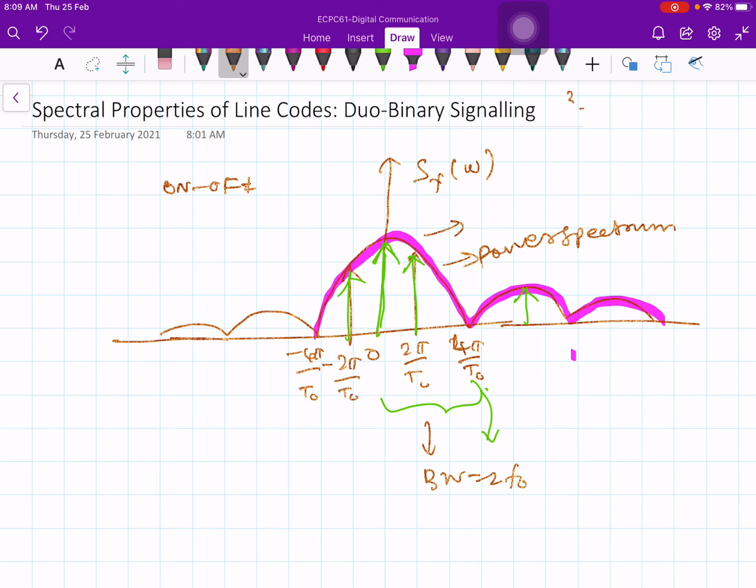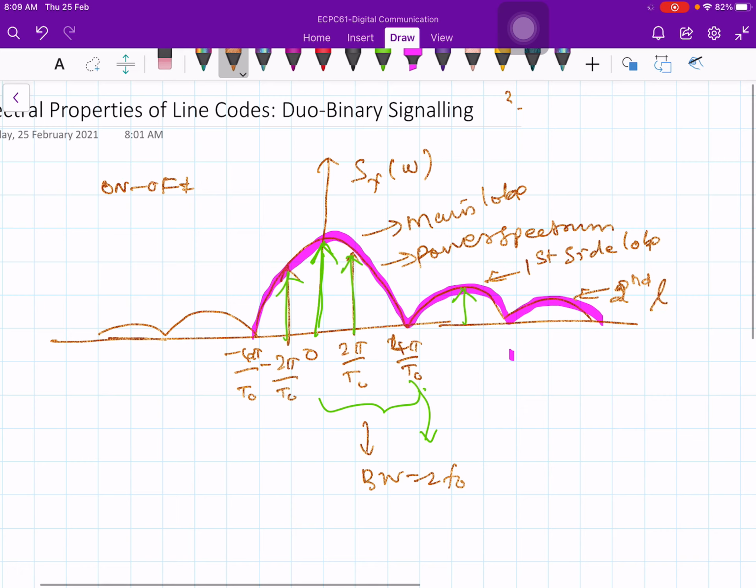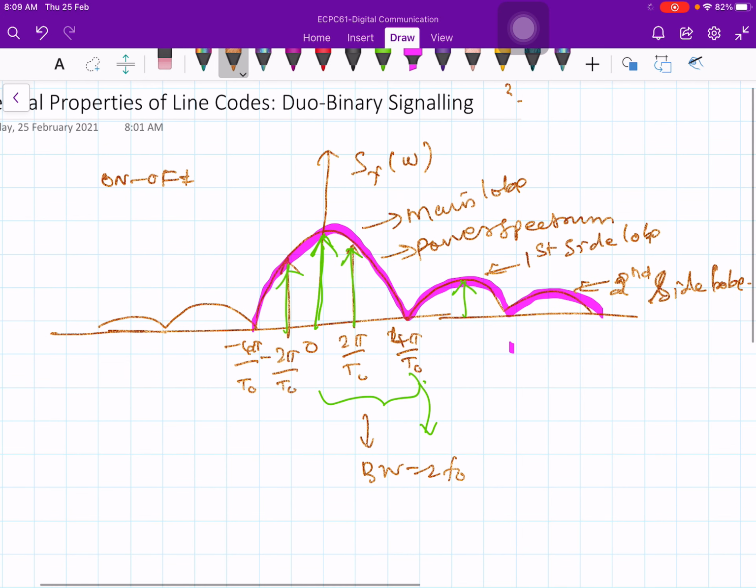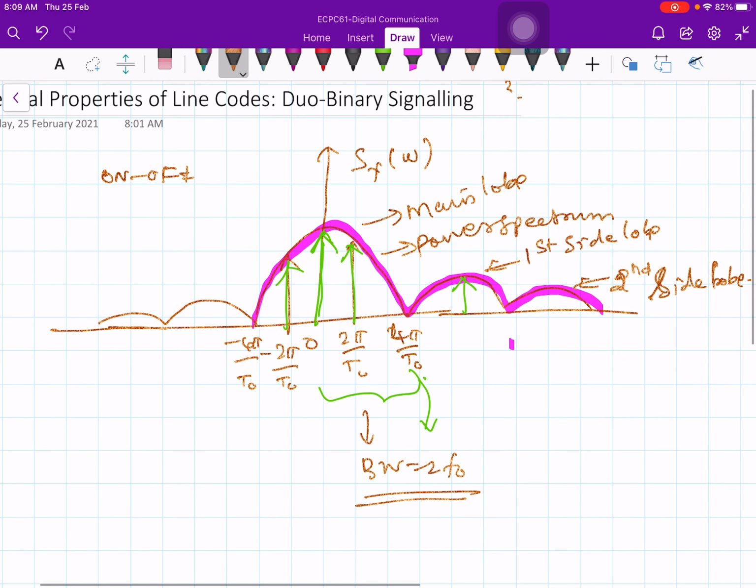This is called the main lobe, this is the first side lobe, and this one is going to be the second side lobe. So if you consider the bandwidth as the first main lobe width, then the bandwidth is going to be 2 times f0.